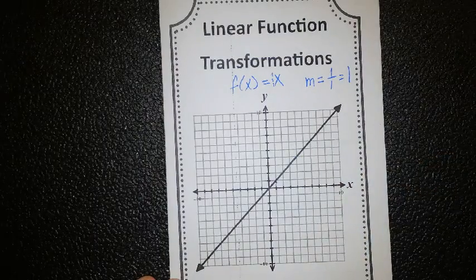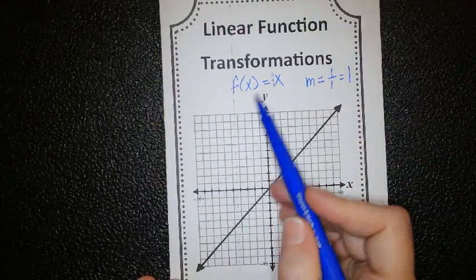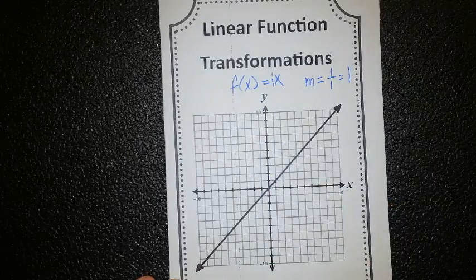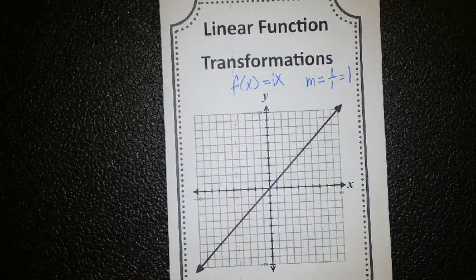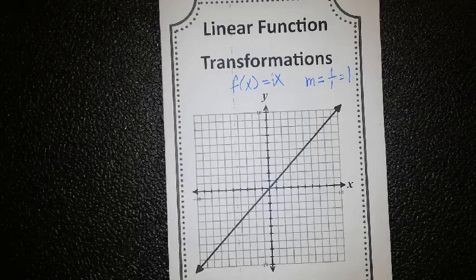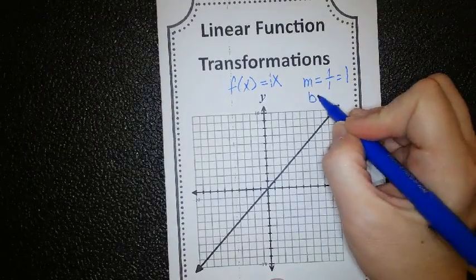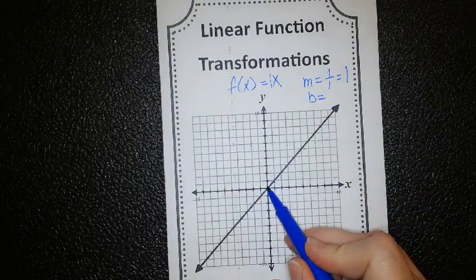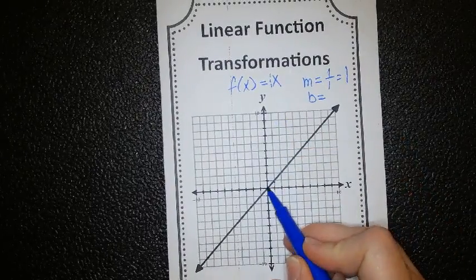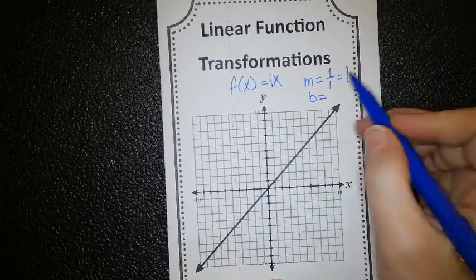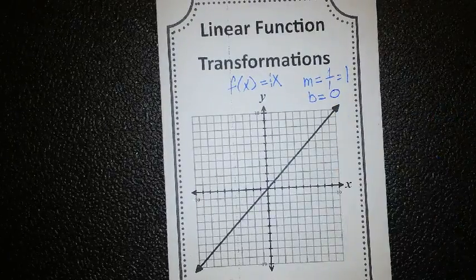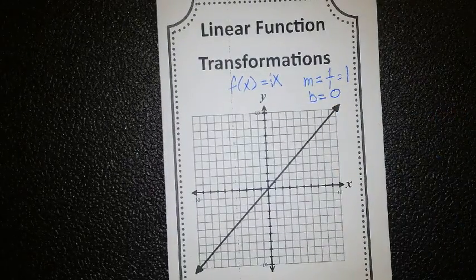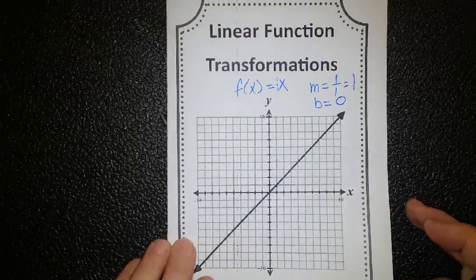So we know that slope is always in front of x when our equation is solved for y, or f of x, because f of x is just another word for y. So we know that our slope of the parent function is 1, and we also can see that our y-intercept is where our line crosses the y-axis, here at the origin, so our y-intercept must be 0. So those are important to understand when we're looking at transformations.